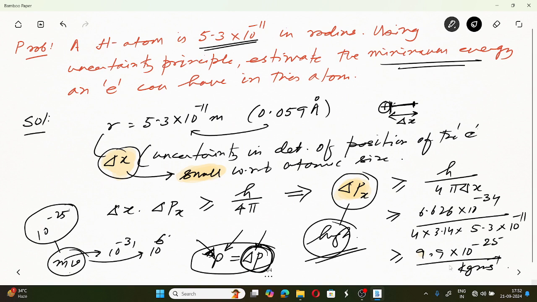Okay, now if this is high, then we can approximate this. Since the uncertainty in the determination of momentum is high, since delta px is very high, ঠিক আছে, এটা যদি হাই হয়, we have delta px nearly equals the momentum.